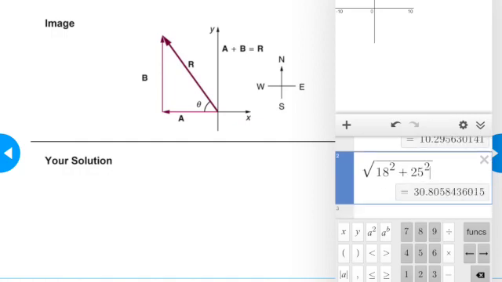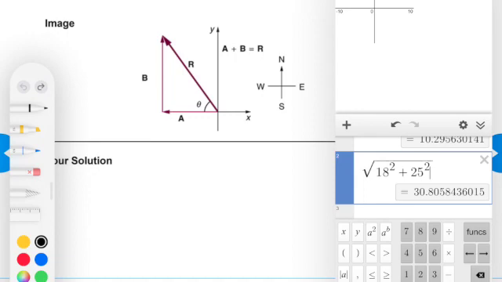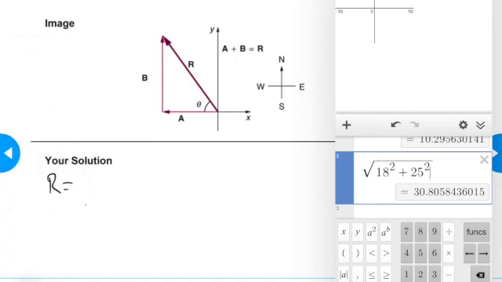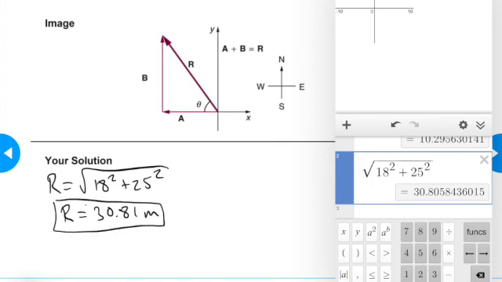So our magnitude, R, I have a highlighter up. So there's our magnitude.